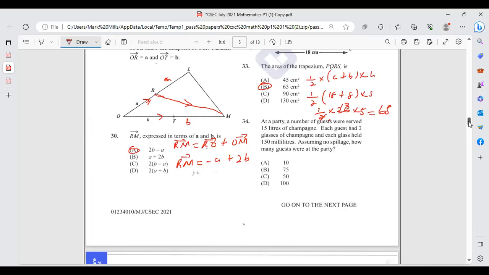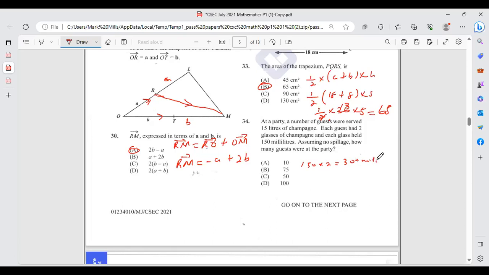At a party, there were 15 liters of champagne. Now, each guest had 2 glasses of champagne. So what we are going to do is say 150 times 2, which gives me 300 milliliters.